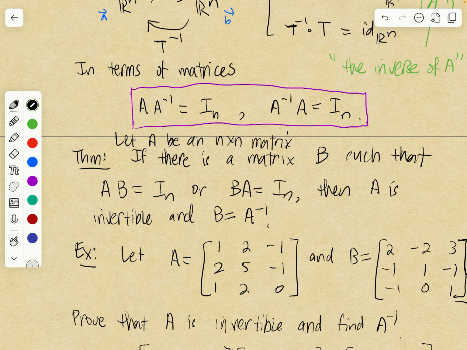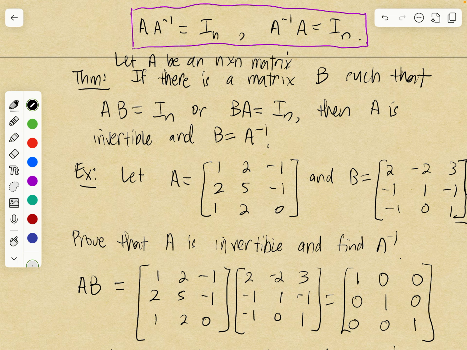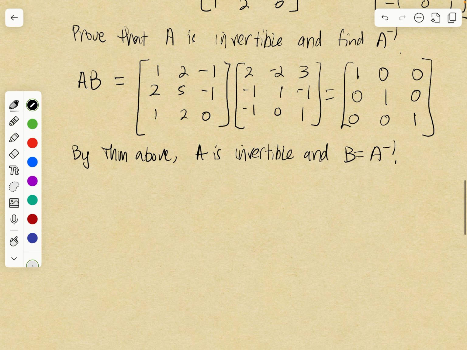Let's make a comment about this theorem. The theorem says that you just need A times B as the identity matrix or B times A as the identity matrix, not and, right? So either one will do. And the reason for this has to do with this interesting fact, which I'm just going to state as a theorem, but I'm not going to prove it.